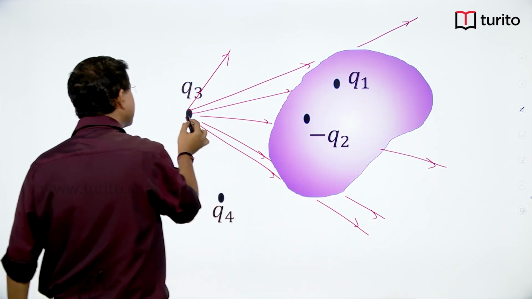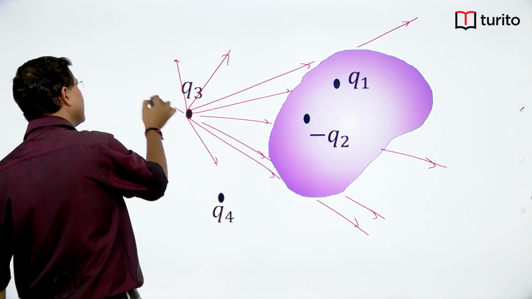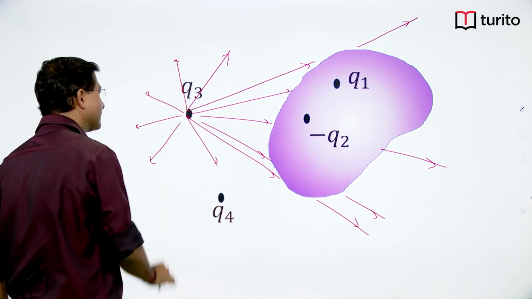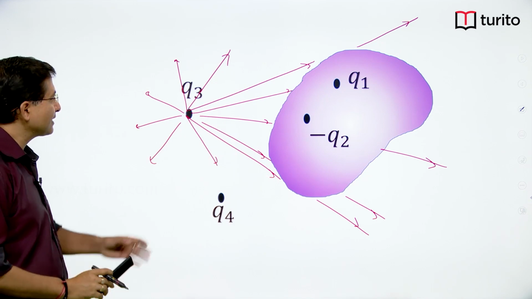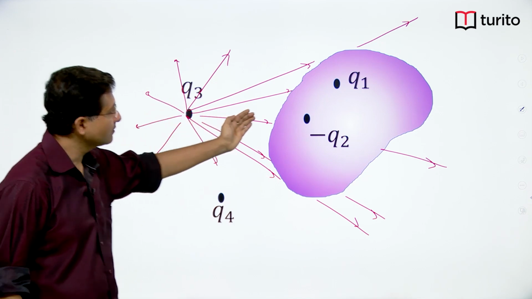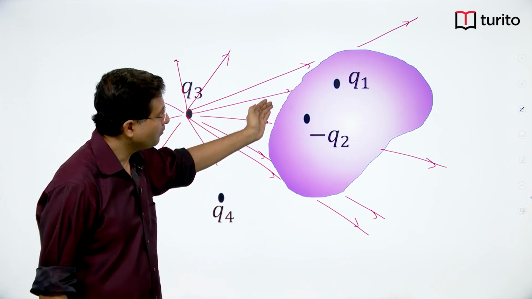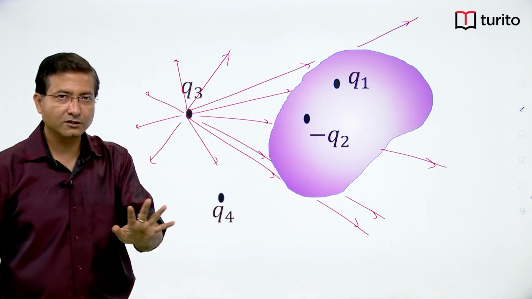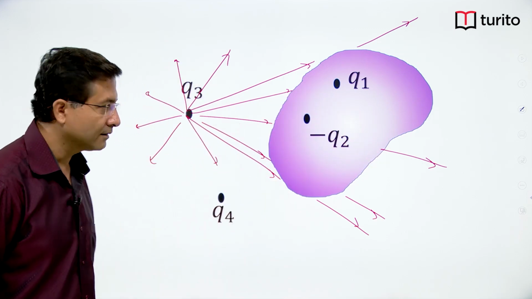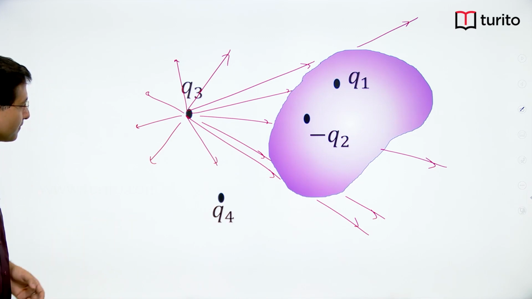And there will be other lines which will not be passing through it, and they will be like this. So, the flux associated with this charge passing through this surface is 0, our first point.